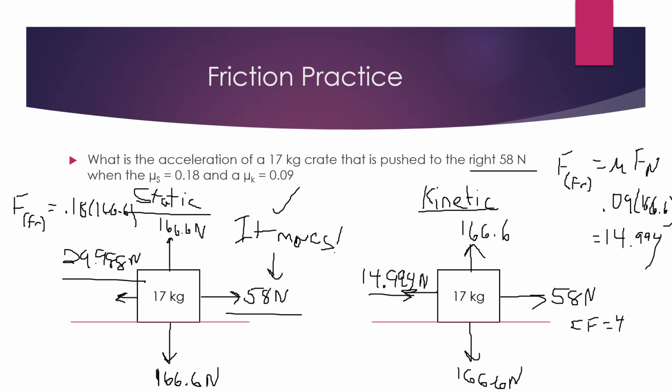I'm just going to call it 43. I know it's not, we're rounding. The mass is 17. So that means the acceleration is going to be 43 divided by 17, which is about 2.5 something. I know there's more decimals, but there it is. To the right.